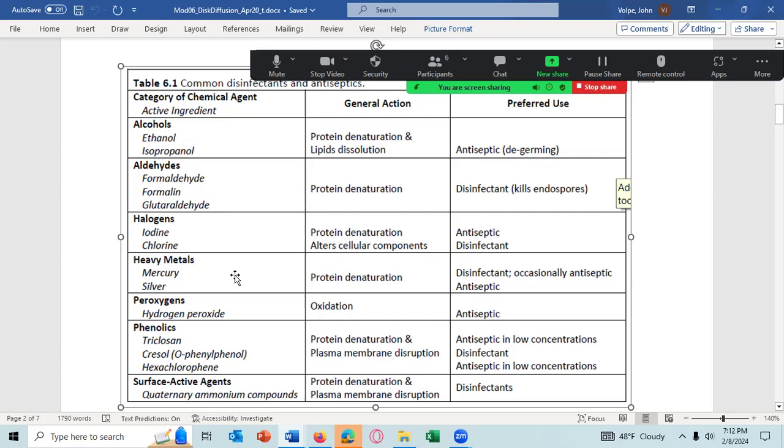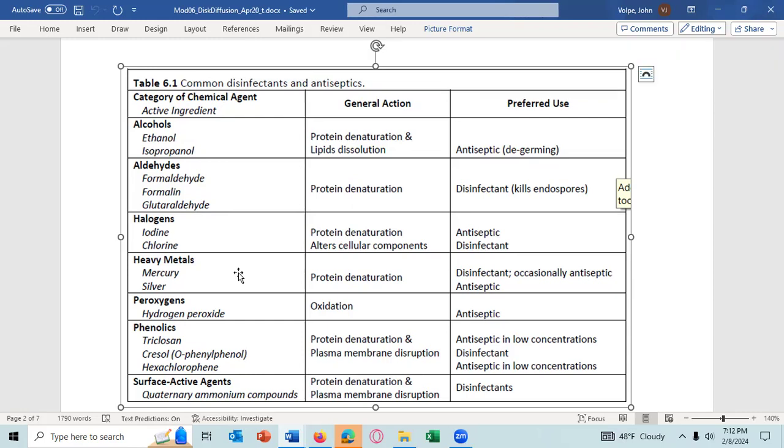Heavy metals are agents that for a long time were no longer being used in the healthcare industry because they are fairly toxic. If you were to consume mercury, that would be toxic. And actually, any heavy metal would be toxic if you were to get it inside your body. However, their use has come back in the last 5 or 10 years because of the development of drug resistance, that the bacteria have developed resistance to antibiotics.